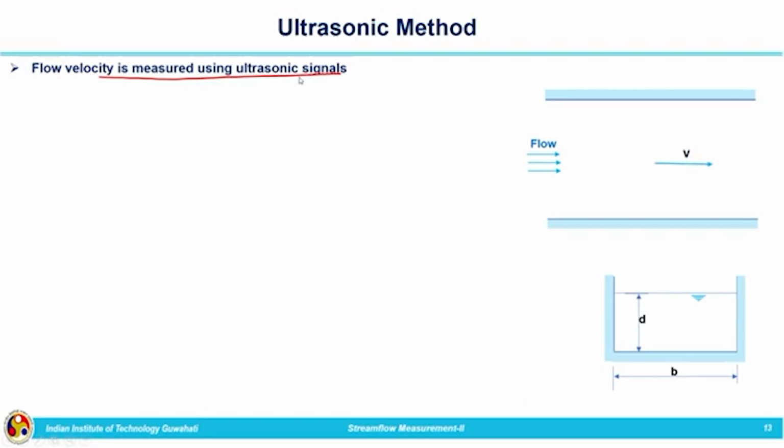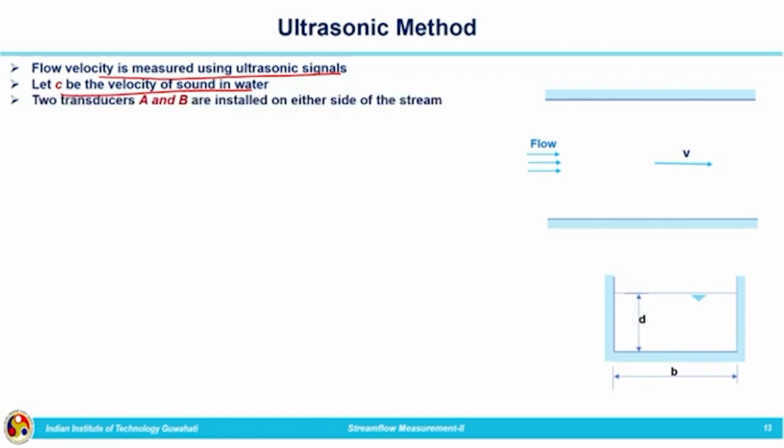The velocity of the flow is represented by v, and because it is based on ultrasonic signals, we assume the velocity of sound in water as small c.